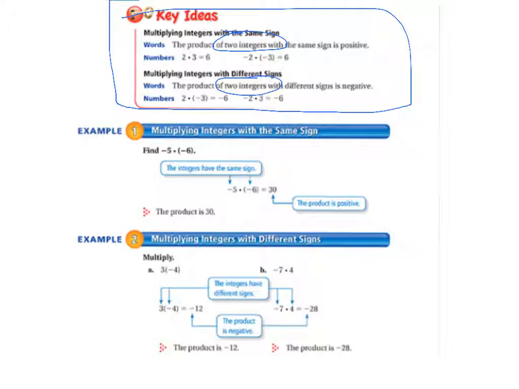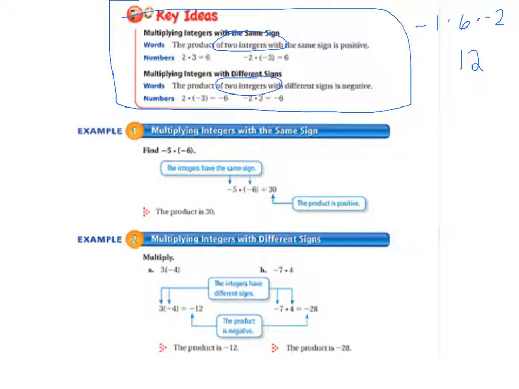So, for example, if you were multiplying negative 1 times positive 6 times negative 2, you would multiply the numbers as normal. 1 times 6 is 6 times 2 is 12.